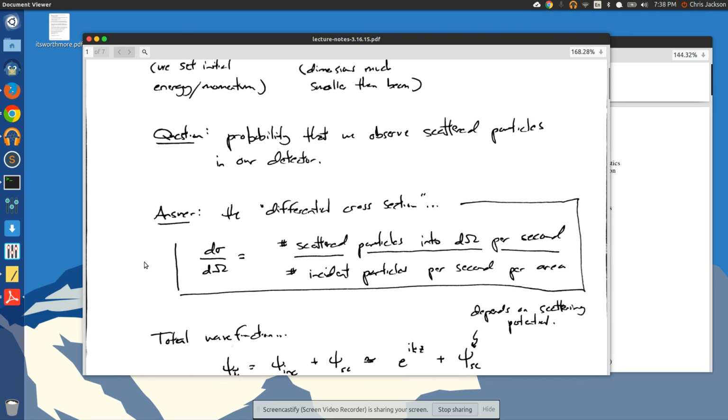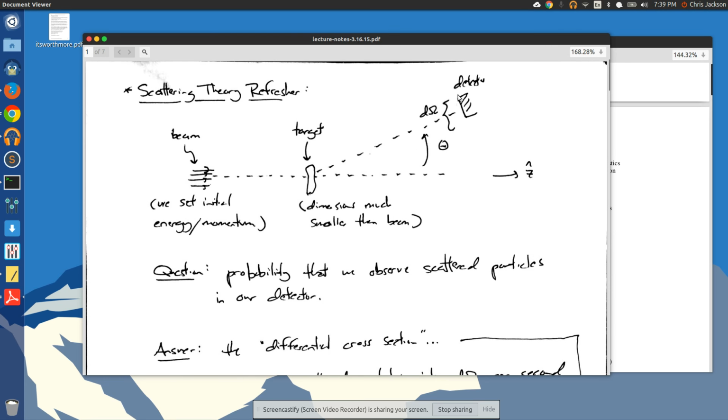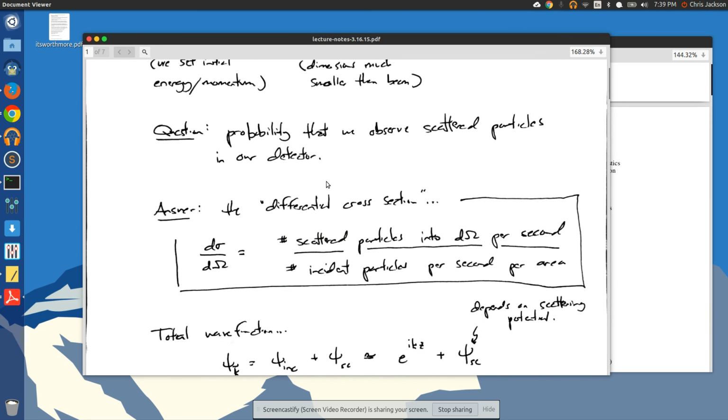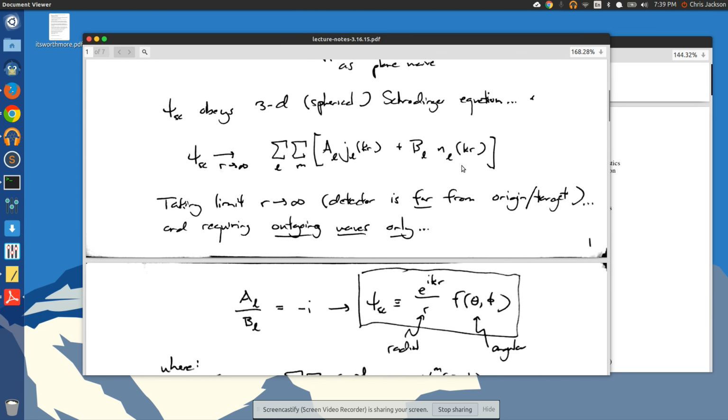And note that this detector is very far away from the potential, and so what we can do is basically write down the wave function for a free particle, and that's the meaning of this r goes to infinity limit.